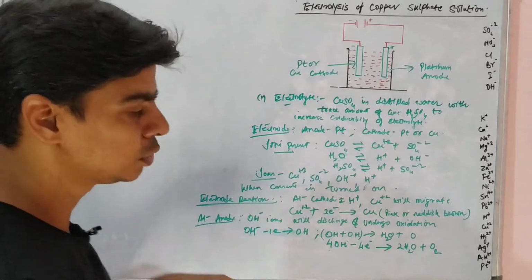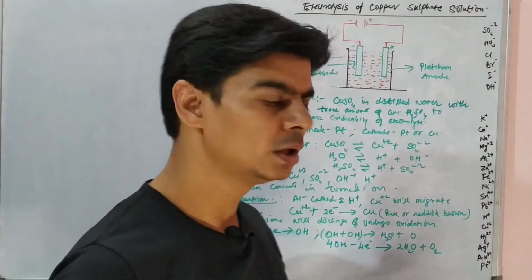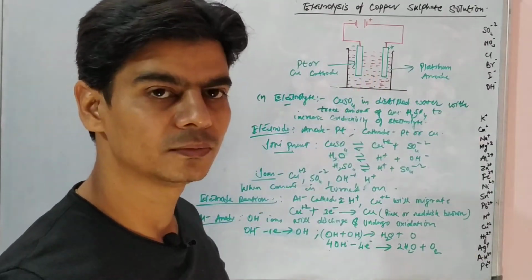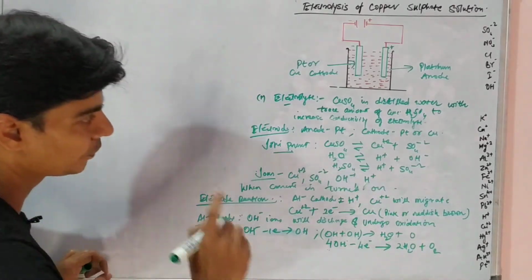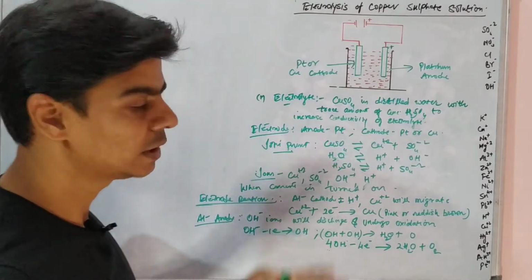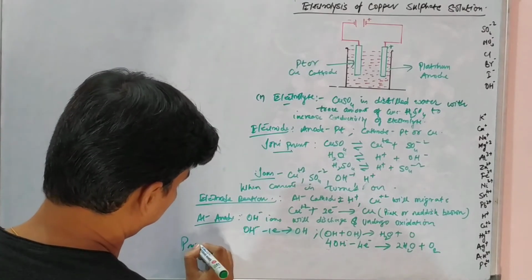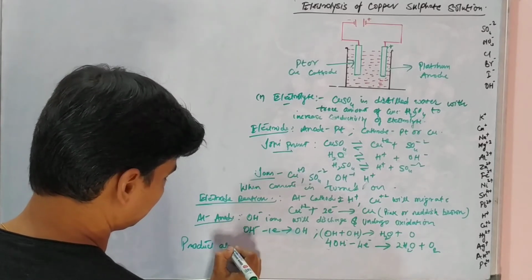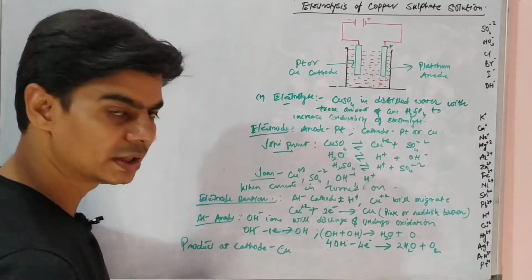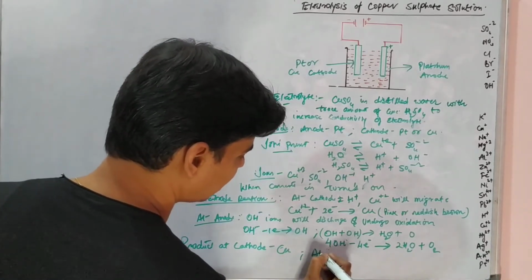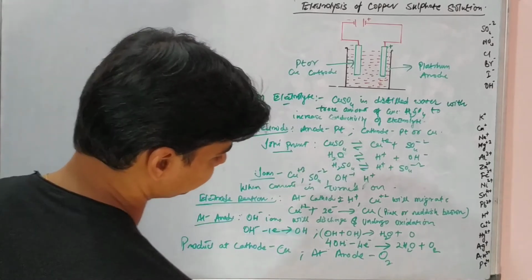The difference is that if we use a copper anode in place of a platinum anode, the product at the anode would be different. So the difference would only be in the product obtained at the anode. Here, the product at the cathode is reddish brown copper metal, and at the anode you get oxygen gas.